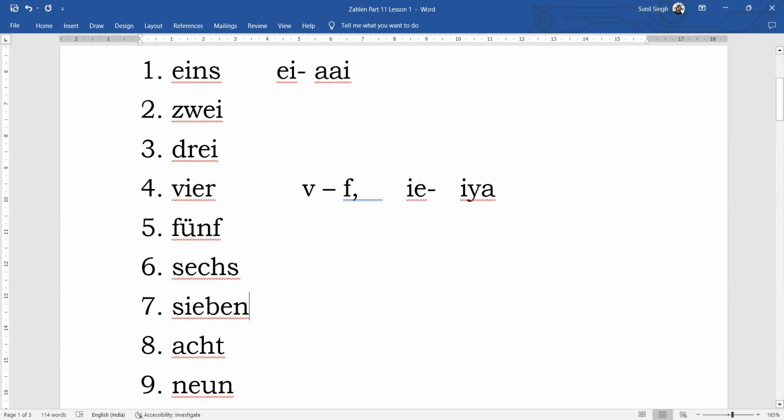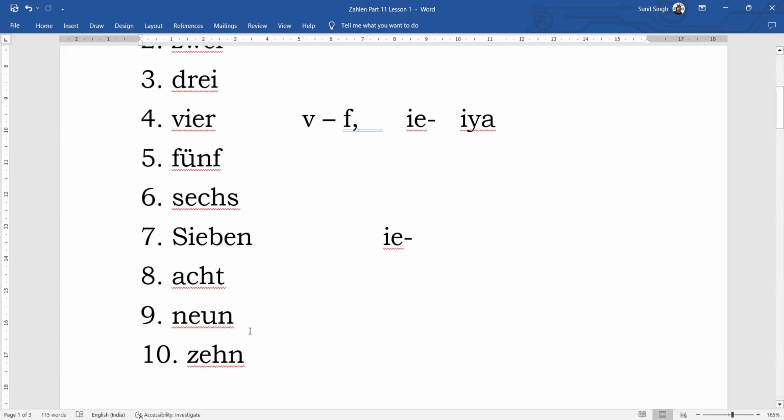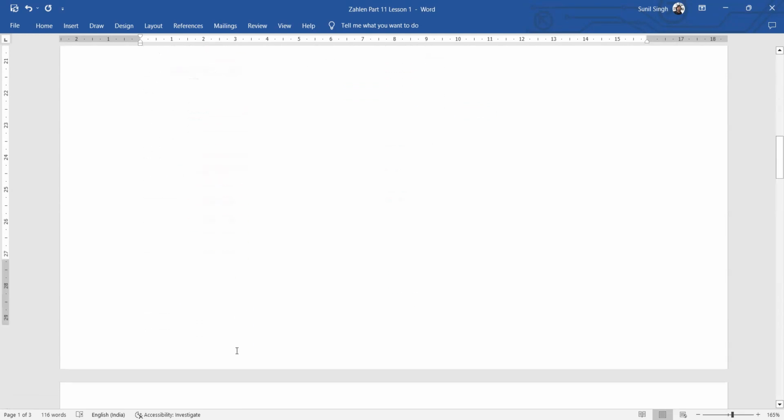Again here you can see that sound pattern, IE. Sieben. Acht. Neun: EU is always like OY. And then zehn. We'll move ahead.